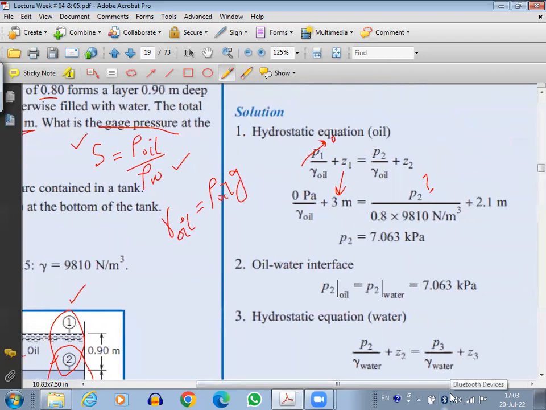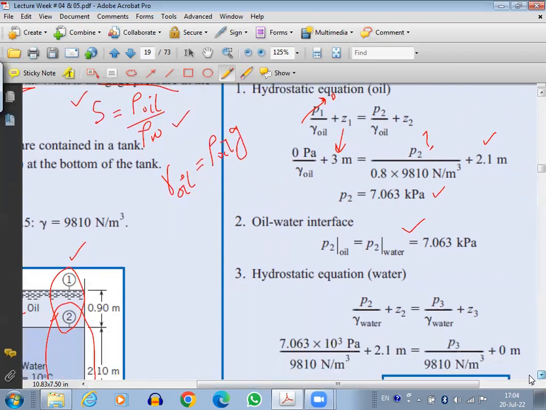So 0.8 multiplied by gamma of water, which is 9810, plus at 0.2 the elevation is 2.1. So I'll find P2. This is the P2 for the case of oil, and at the interface, this will be the same P2 for water. So I know the P2 for water. It will be the same.